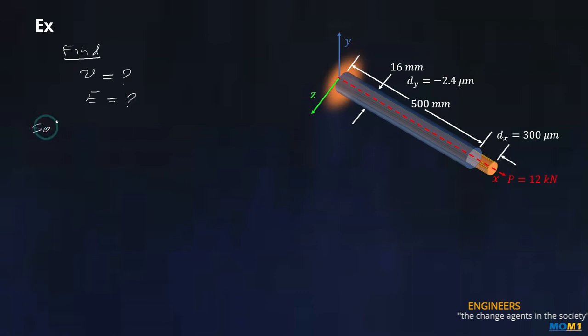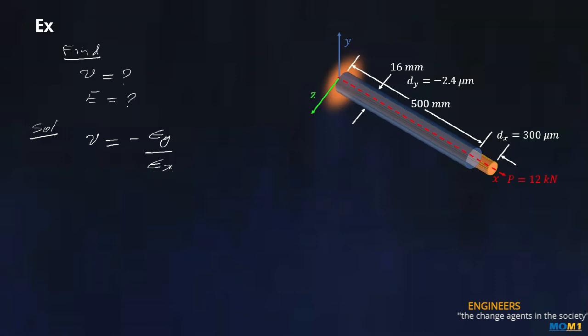And to solve that, we see that the expression for the Poisson's ratio is nu equal to minus epsilon y over epsilon x. Now in this case this is a radial direction.